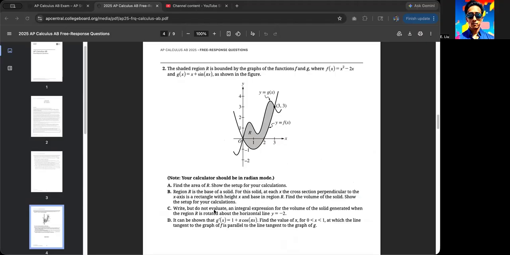Now, do not evaluate an integral expression for the volume of the solid generated when the region R is rotated around the horizontal line y equals -2. So we're going to rotate around here.